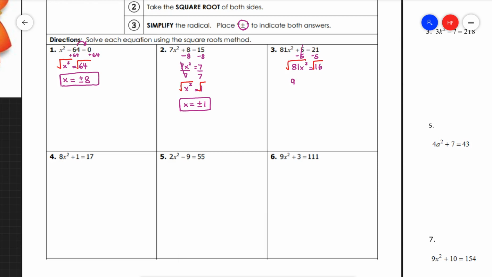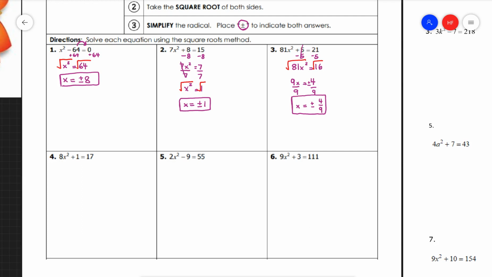And I get 9x equals 4. But I still need to get x by itself with this plus or minus. So I'll divide by 9. And I get x equals plus or minus 4/9. So this even works when we have fractions involved.